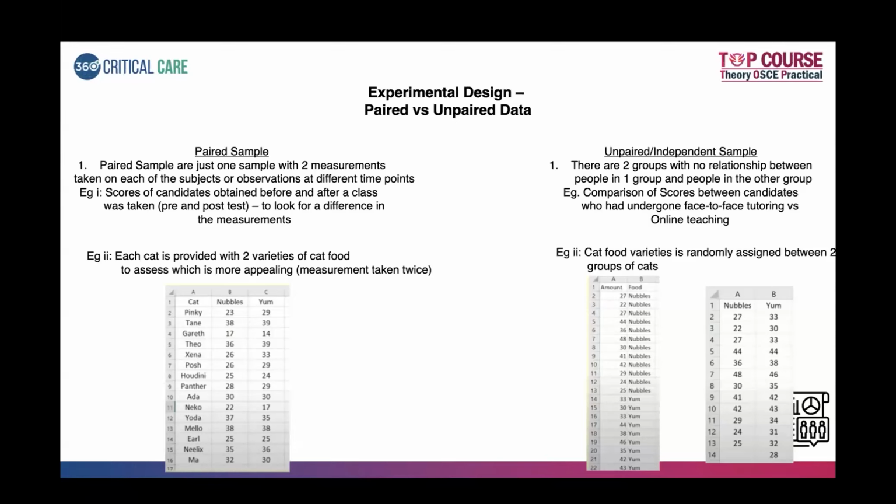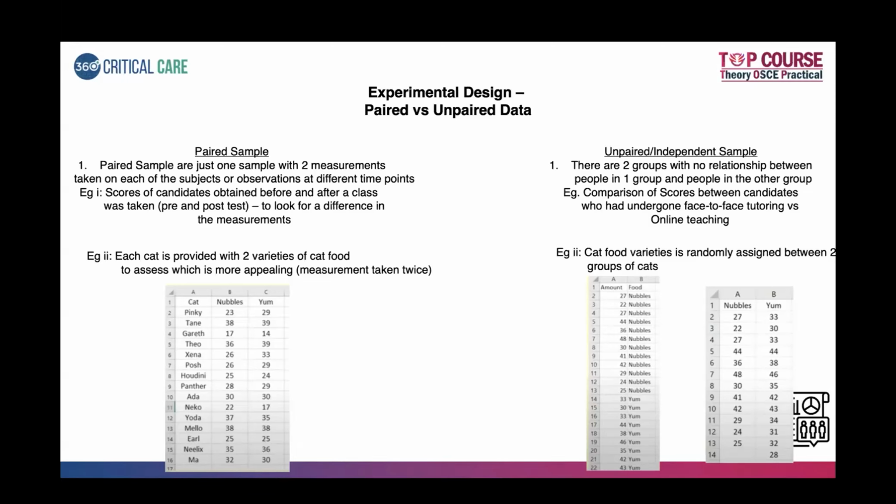Then for assessment of the parametric test, the important thing to look into is the normal distribution. And the second thing you need to look into is the skewness. If skewness is present, then the sample size needs to be more than 30 to make it a parametric testing.